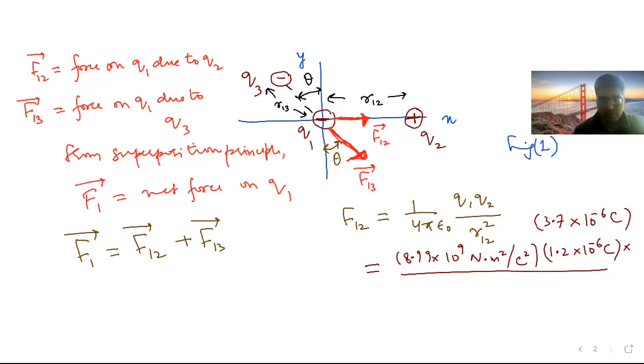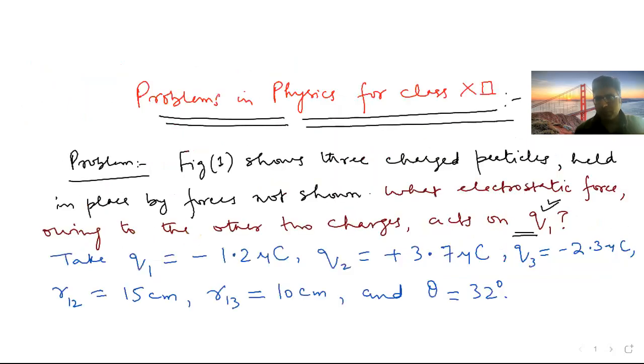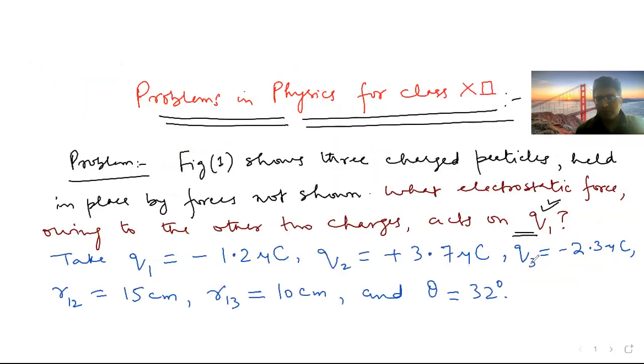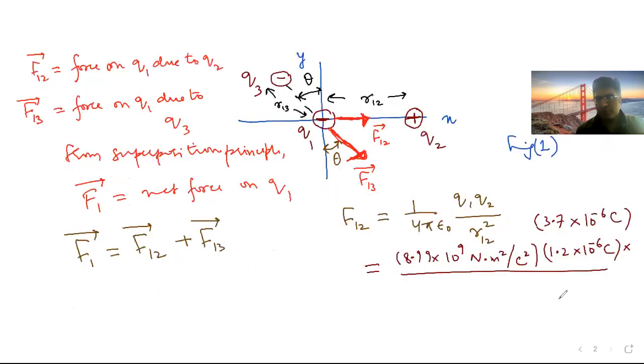As you can see, Q1 is 1.2 microcoulomb, and we are taking magnitudes. Q2 is 3.7 microcoulomb. So first I am finding F12, with Q2 as 3.7 microcoulomb and Q1 as 1.2 microcoulomb.